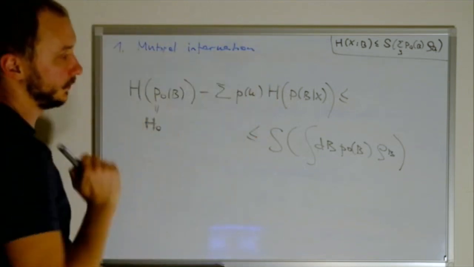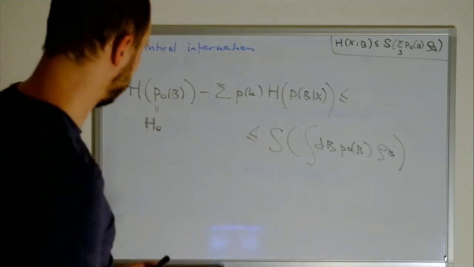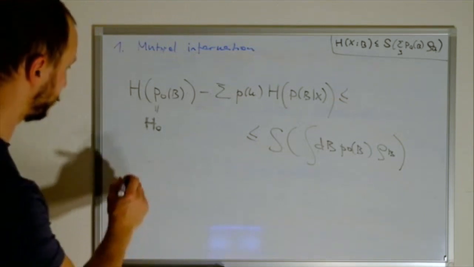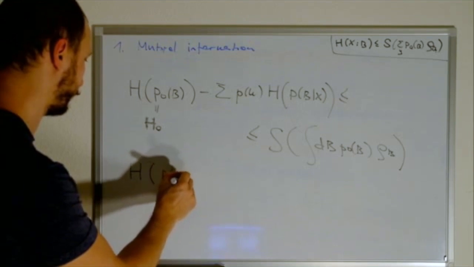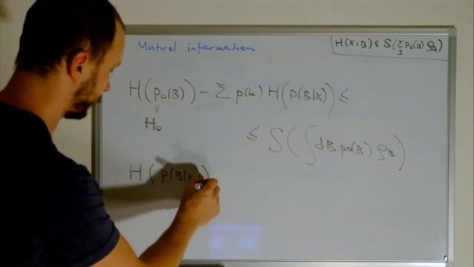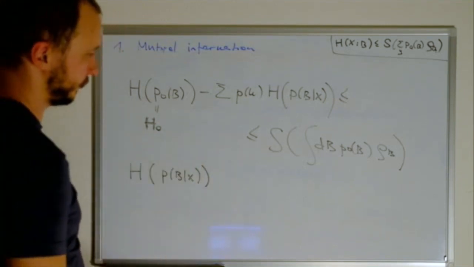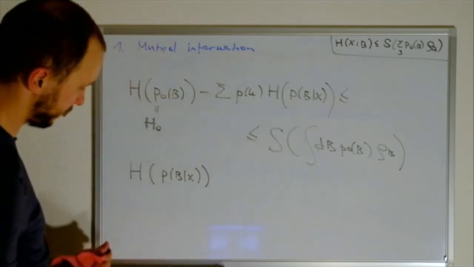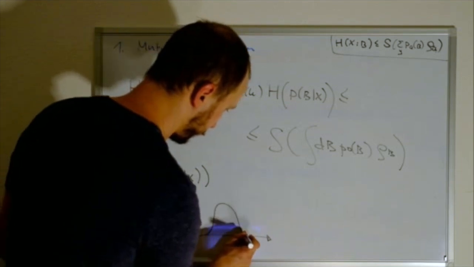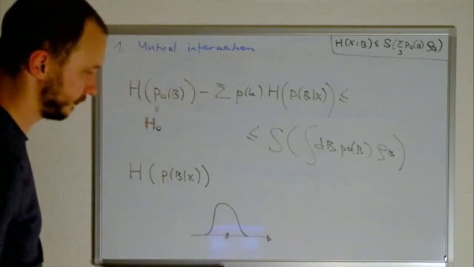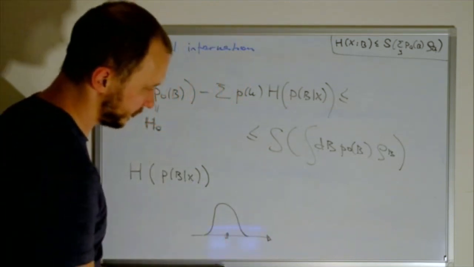Instead, we want to look at this quantity, H of B given x, the entropy of the distribution we have.